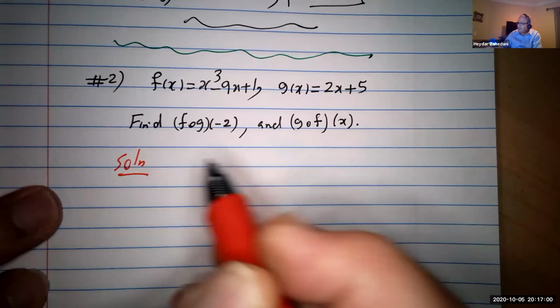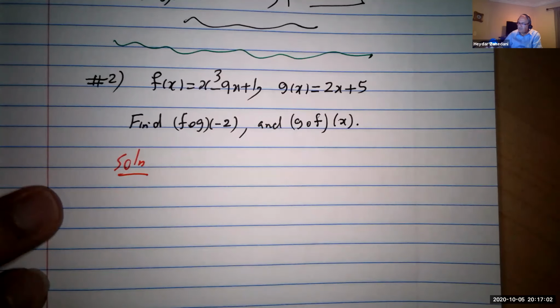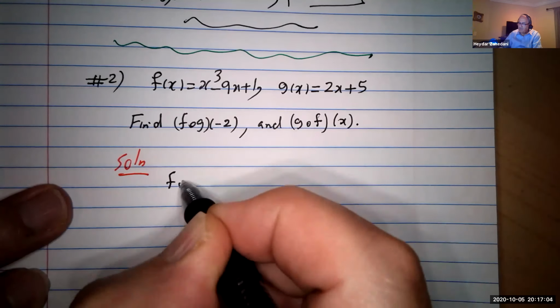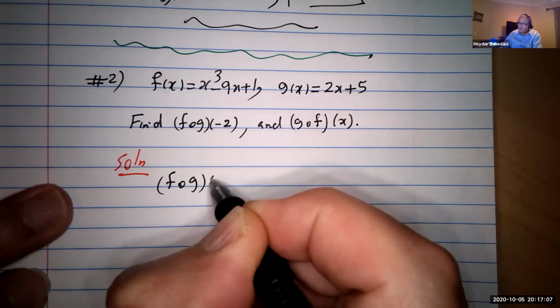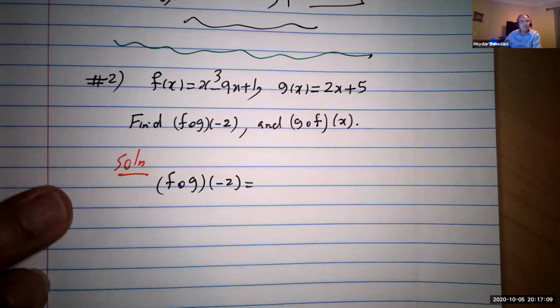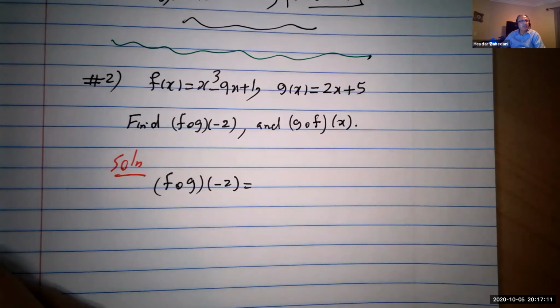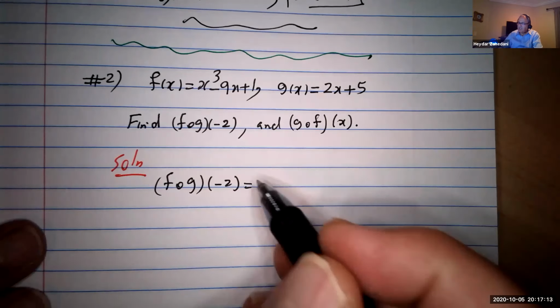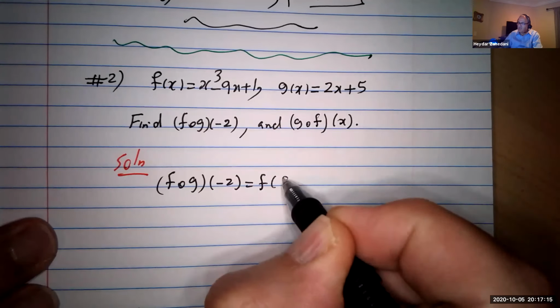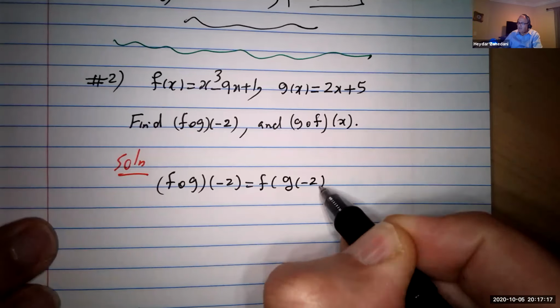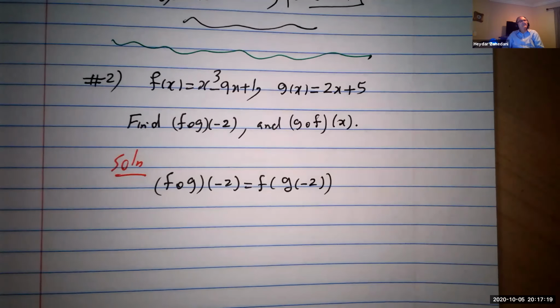Solution, bring the first one. You see, f o g at -2. The definition first. So the definition is f of g of -2. So g of -2 must happen first. When it's a number, you stop and you go and bring it.